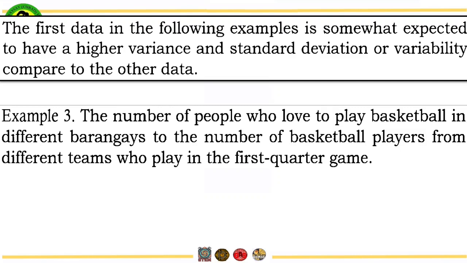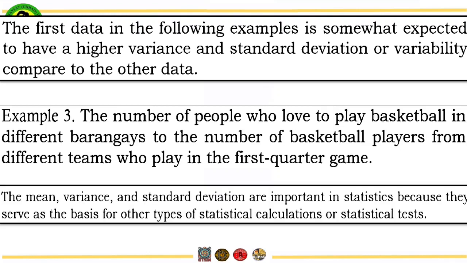Comparing the first data and the second data, obviously the first data has higher variance and standard deviation or variability compared to the other data. Clear? So therefore, the mean, variance, and standard deviation are very important in statistics because they serve as the basis for other types of statistical calculations or statistical tests.